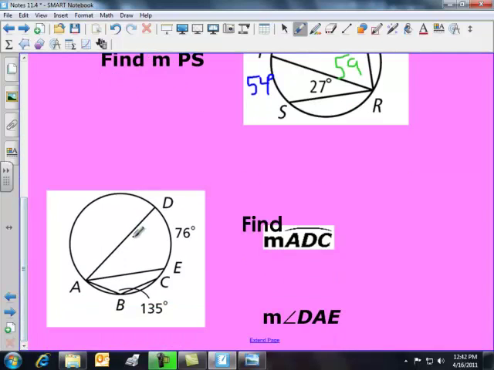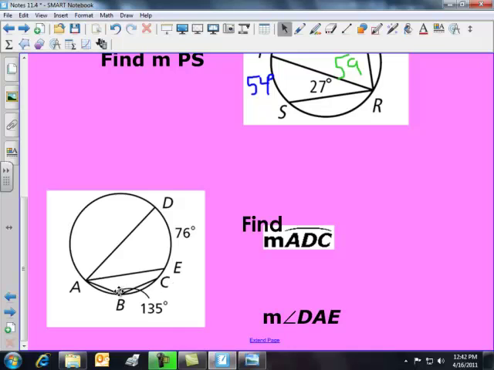Looking down here at finding the measure of arc ADC. Now notice we have to go in order here. Okay? It might be tougher to see here, but if you're looking at arc ADC, notice that that is actually the intercepted arc for angle ABC.